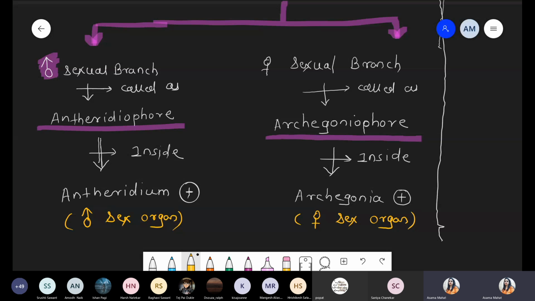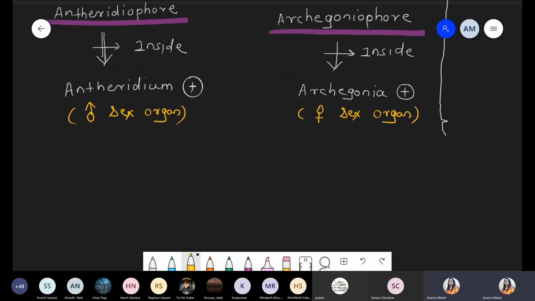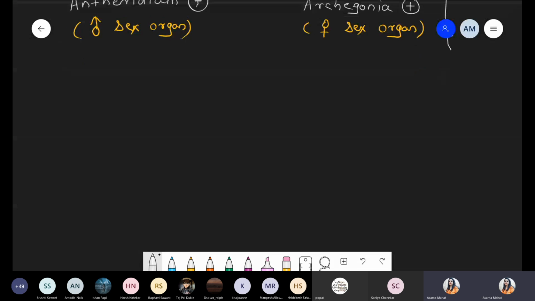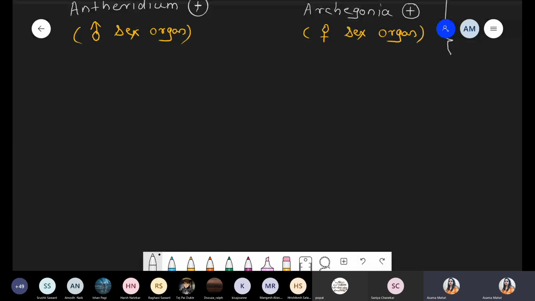I'll draw it here definitely, but you will get a clear-cut idea of where exactly this diagram is included. So one by one we draw that typical structure.